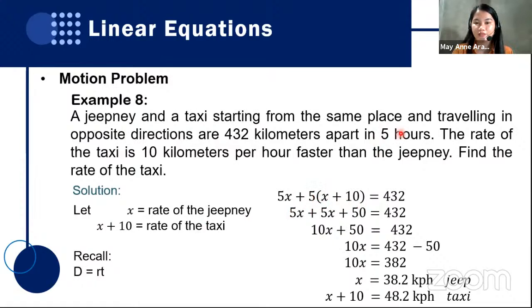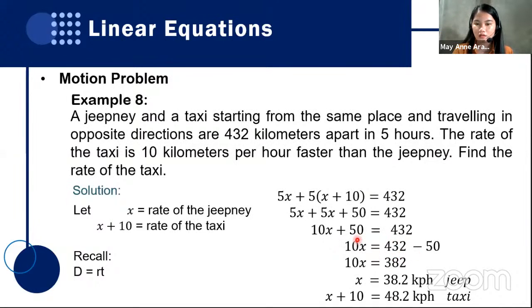So the time is 5 hours. So you have x plus 10 as the rate of the taxi. Then equate that to 432, which is the given 432 kilometers apart. Then just simplify the equation. So 5x times 5x, 5x times 10. Then just simplify further. You have 10x plus 50 is equal to 432.